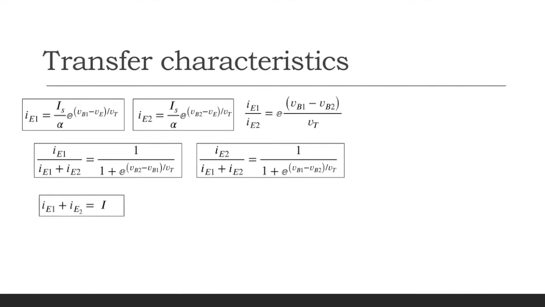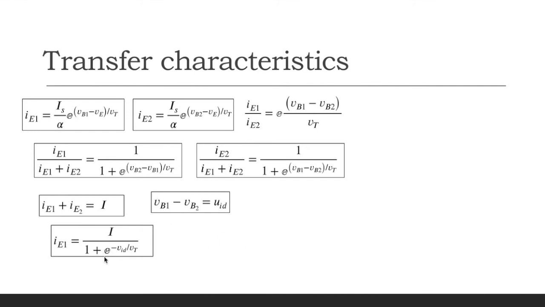Now we know that a constant current source is applied in the two emitter leads. So the emitter current of the first transistor and the emitter current of the second transistor will add up to the constant current source current, that is I. And of course VB1 minus VB2 is the difference input voltage applied to the transistors.